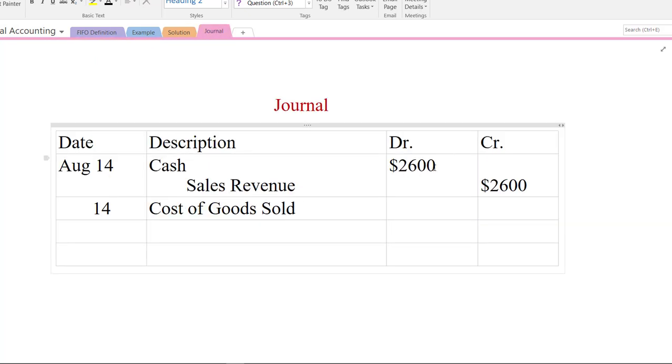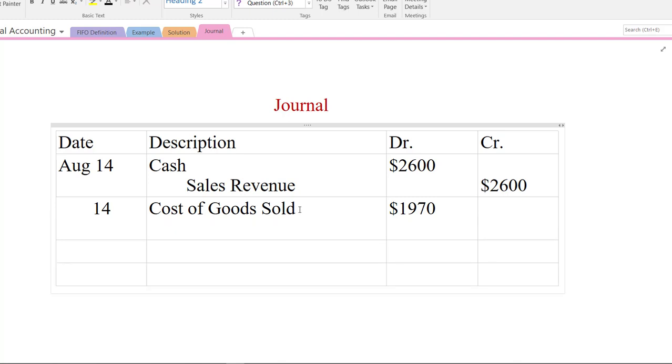It means out of the total cash received of 2,600, 1,970 is the cost to the business, or cost to the organization, right? Now I will write it here: 1,970, cost of goods sold.